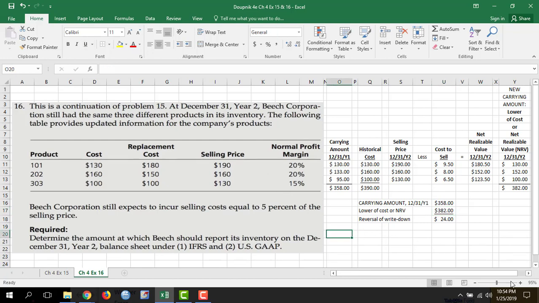So let's create the journal entry for that. It's going to be a debit to inventory in the amount of $24, and a credit to recovery of inventory loss for $24.